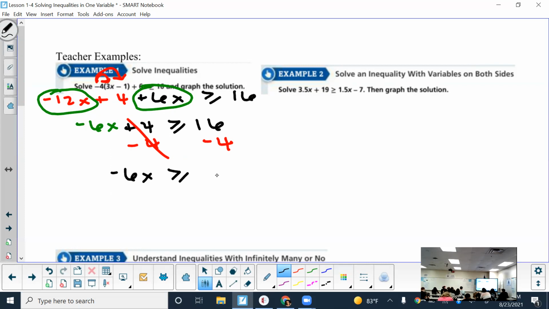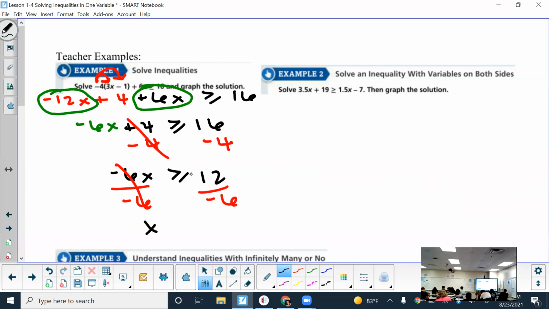So what's 16 minus 4? 12. One more thing I need to do, which is divide by negative 6 on each side. Anything special about that? Yes? You have to flip the sign. All right, now we have to flip the sign.